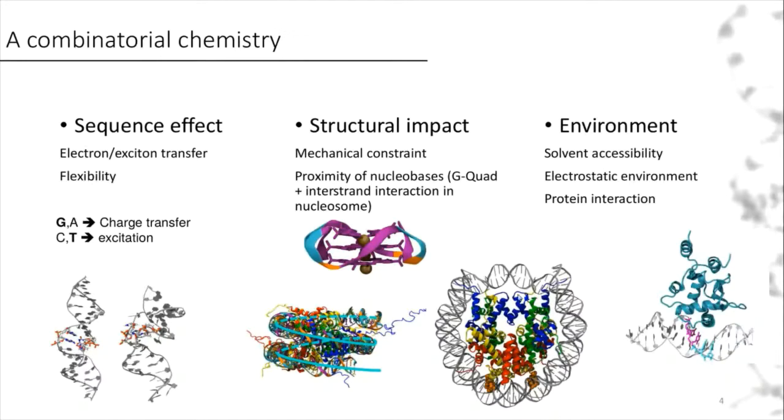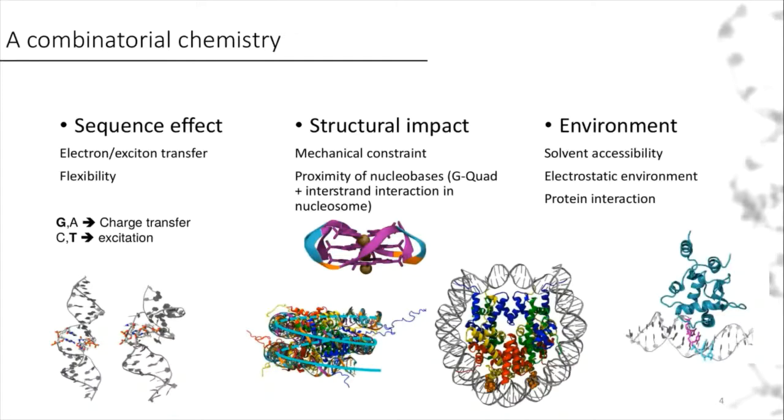But for the nucleosome, for example, you have one part which is close to the histone core and another part which is solvated. You have tails that can interact with DNA, and also a protein which interacts with DNA and imposes some specific electrostatic environment and also some constraints which can help the formation of CPD damage, such as this transcription factor, which constrains the position of the two nucleobases here, and that increases the rate of formation of CPD damage.